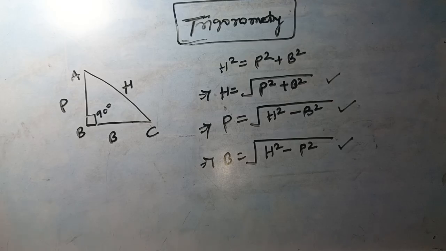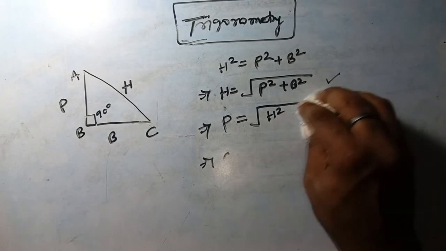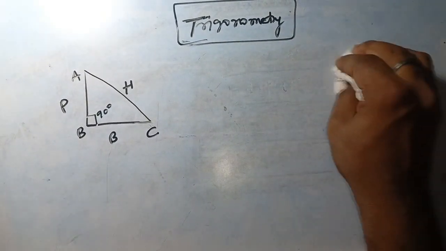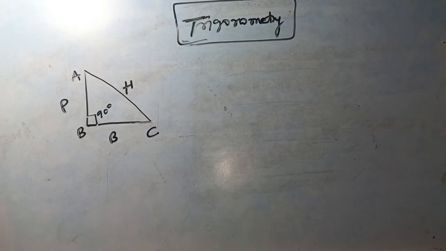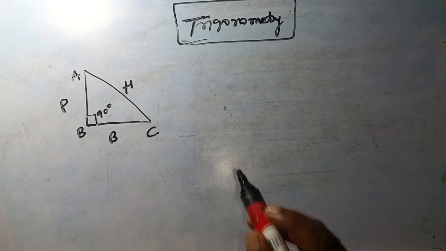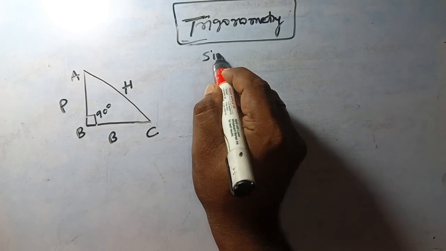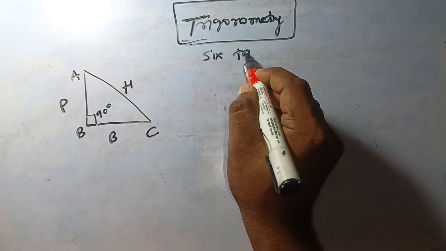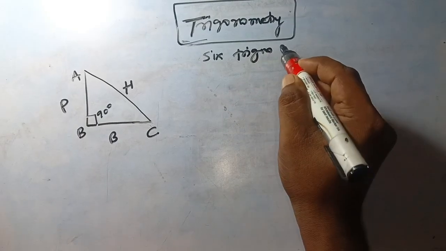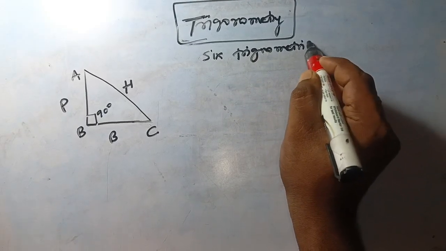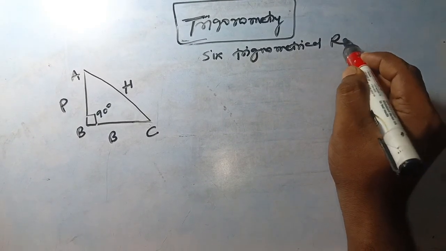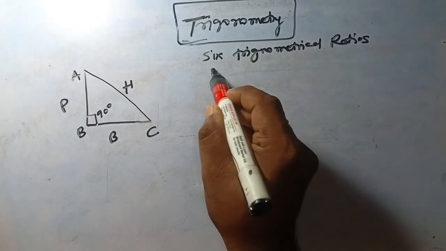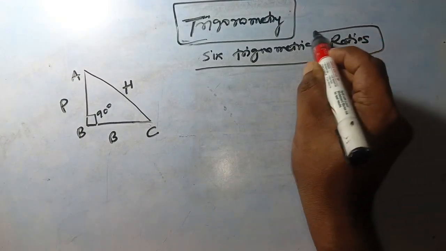So now let's get deeper into this topic. Now we will talk about six trigonometrical ratios.